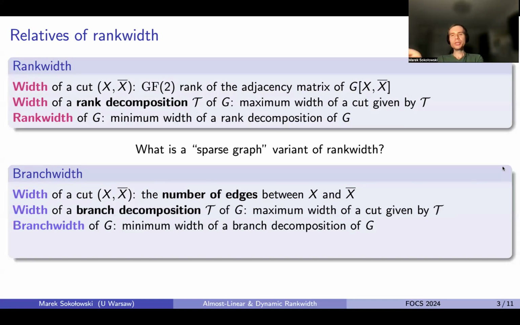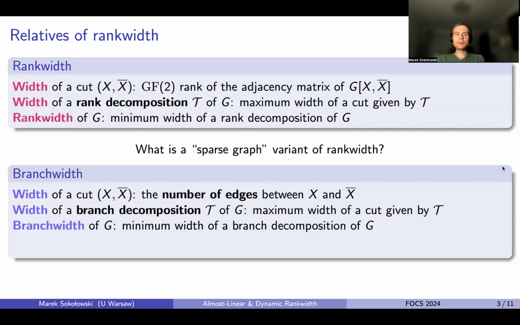Then we reuse the definition of rank width: the width of a branch decomposition of a graph is the maximum width of any cut given by the decomposition, and the branch width of a graph is the minimum possible width of any branch decomposition of the graph.